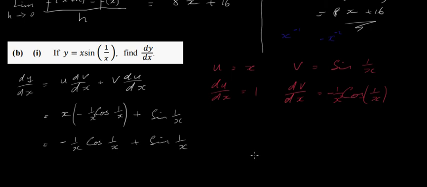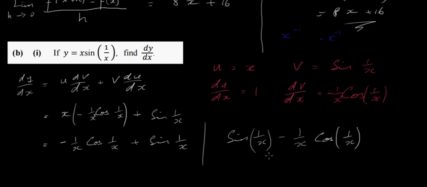And that's it really. You can swap these around if you like: sine 1 over x minus 1 over x cos 1 over x. So you can leave it like that, with the minus in the middle rather than at the beginning. So that's that differentiated.